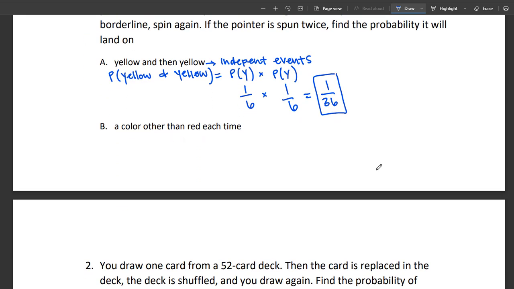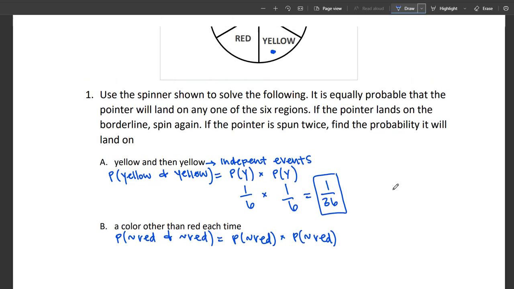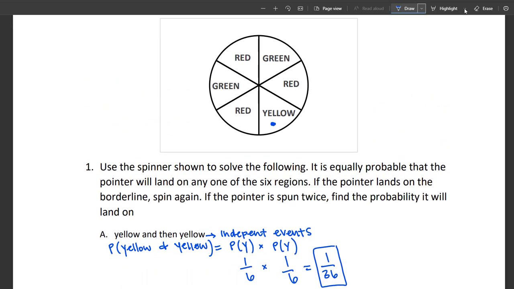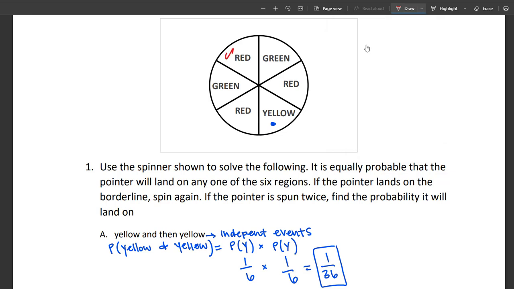Alrighty, on B, we want a color other than red each time. So we want the probability of not red and then not red again. So let's look at our spinner. We have 1, 2, 3 that are red.